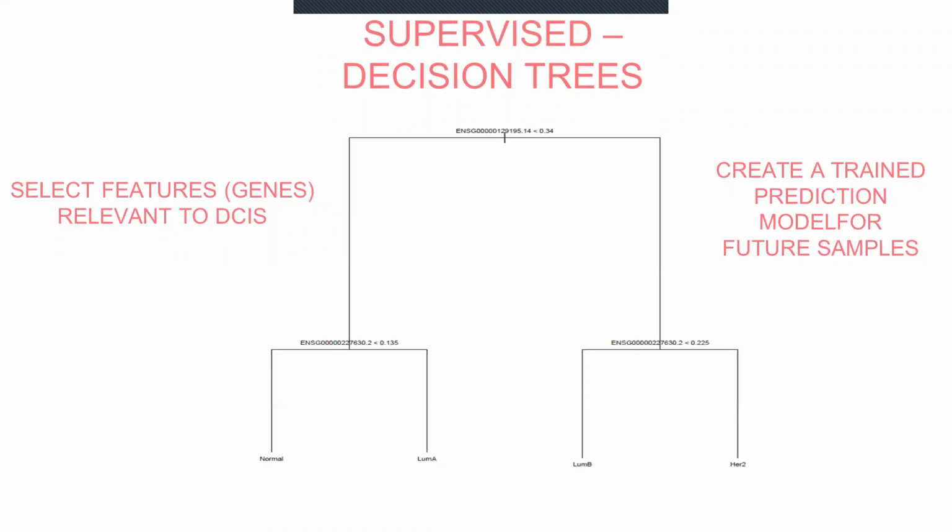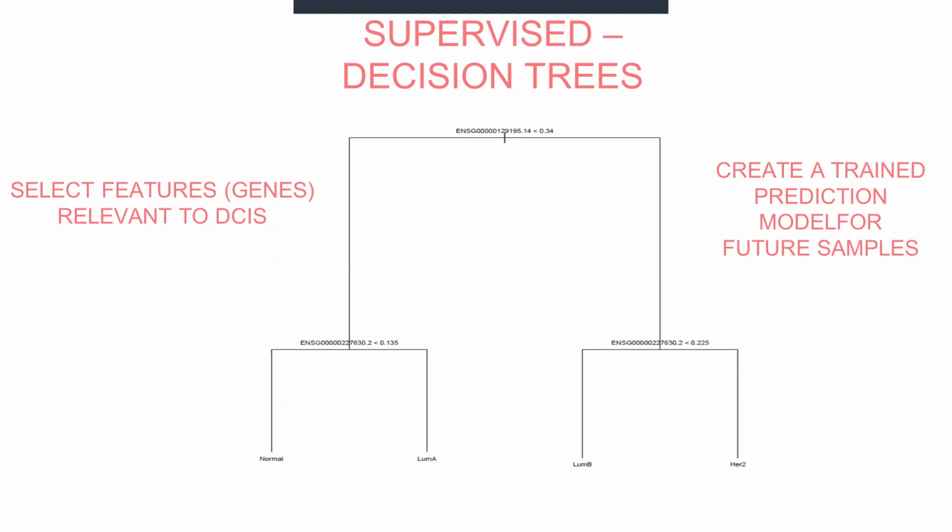So you can see in this case that every decision point has the name of the gene. So that gene is used to create a decision.